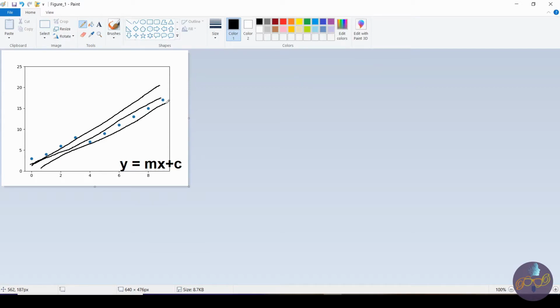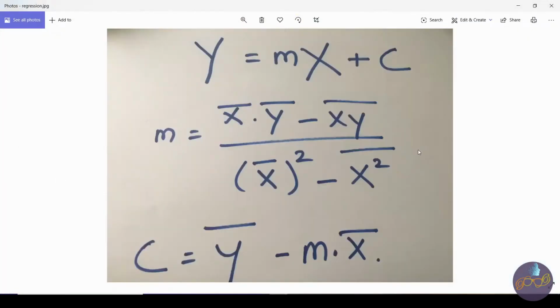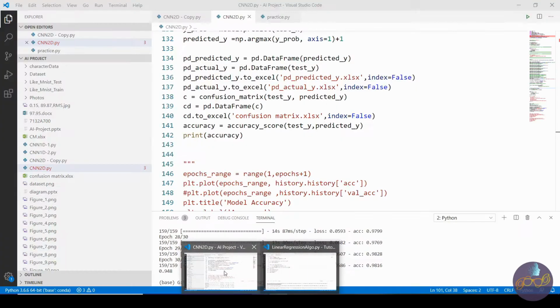So how will we know what is the best fit line? For that, first we need to find the slope value and the intercept value. The slope can be calculated by mean x into mean y minus mean xy, upon mean x into mean x minus mean x square, and the intercept can be calculated by mean y minus m into mean x. So the equation is y is equal to mx plus c.